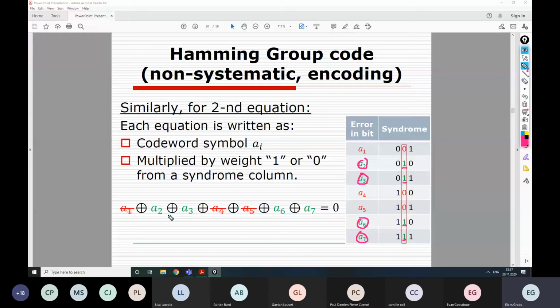So we add up together only those which have ones in the corresponding column. That would be A2, A3, A6, and A7 in this particular case. And the third equation in the same way. So we have A1 with 1, A3, A5, and A7. And we add them up together and set equal to 0.